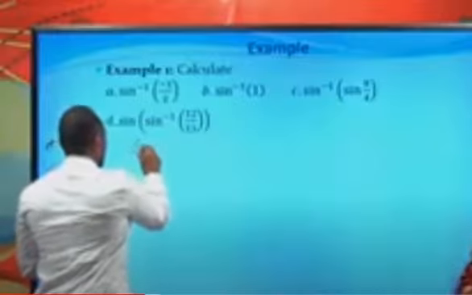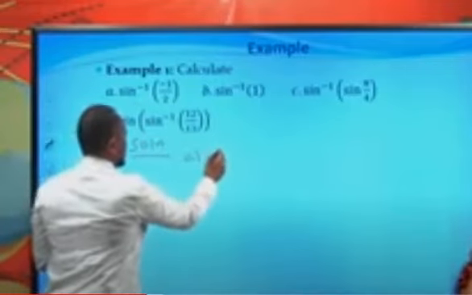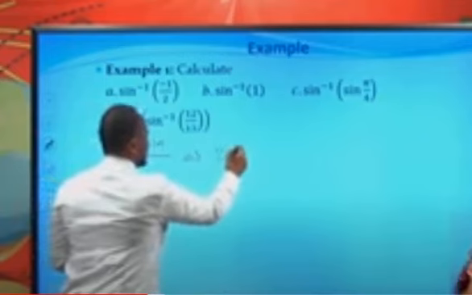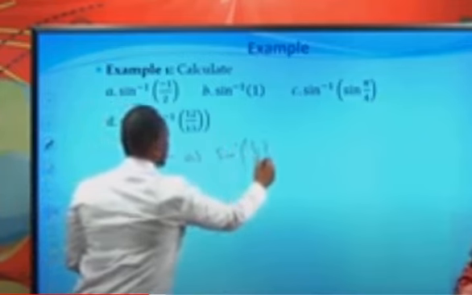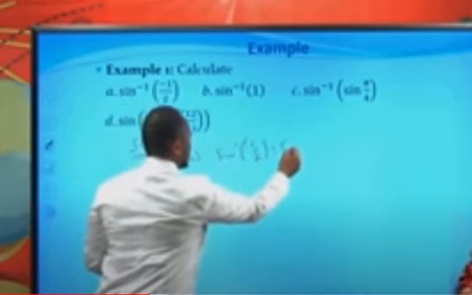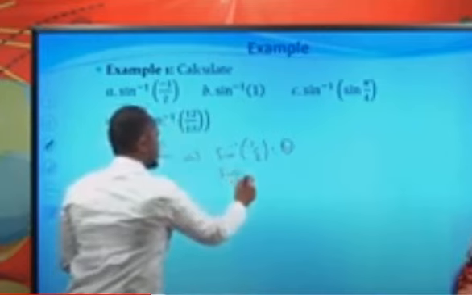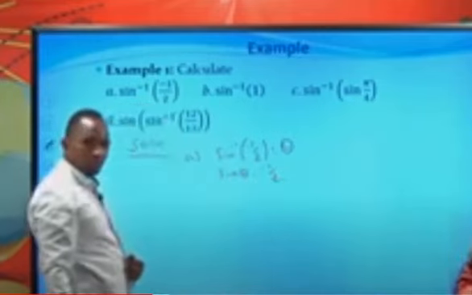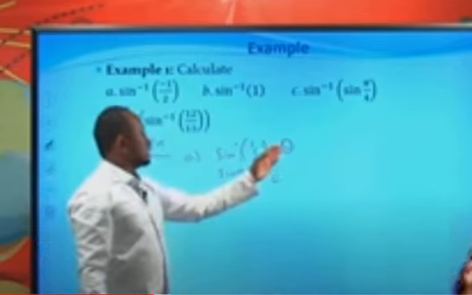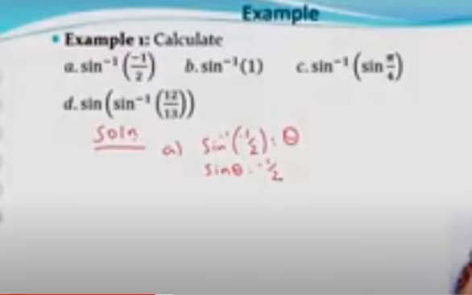Solution. For A, sine inverse of negative 1 over 2: assume it is theta, and then sine theta is equal to negative 1 over 2, where theta is between negative pi over 2 and pi over 2.